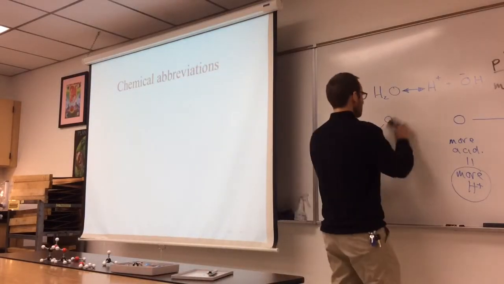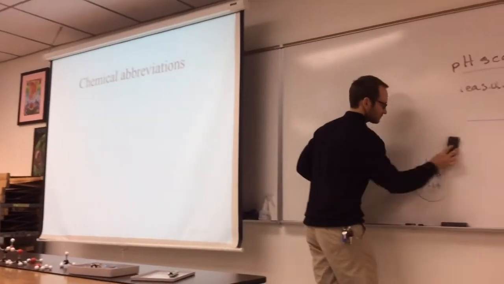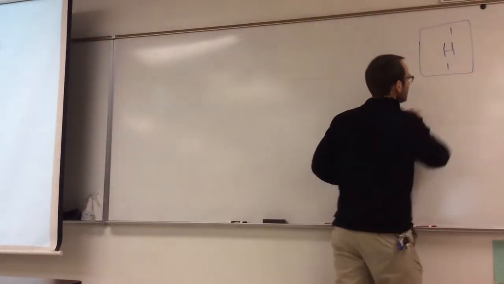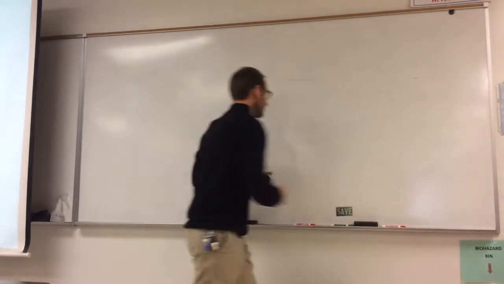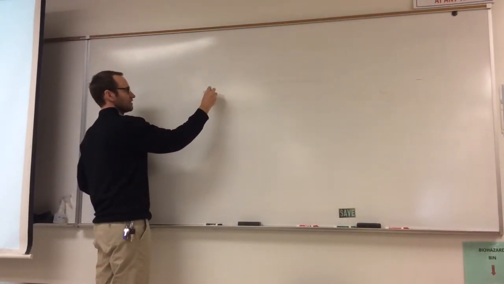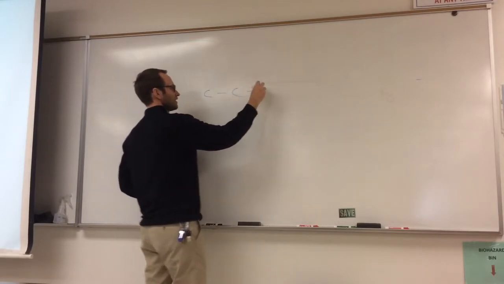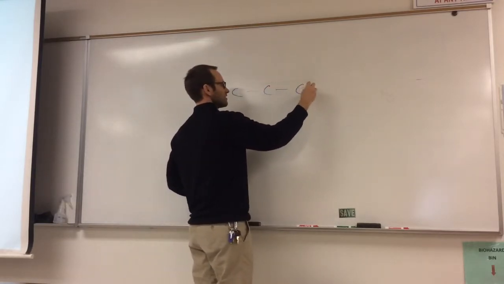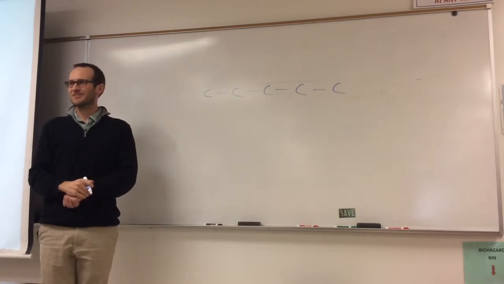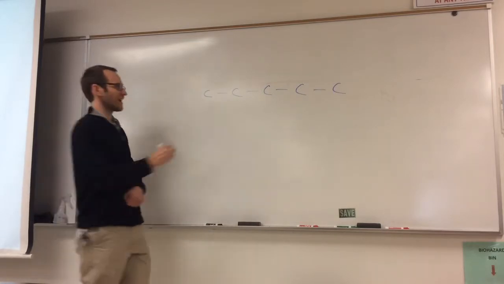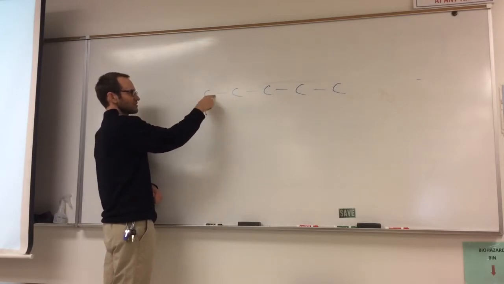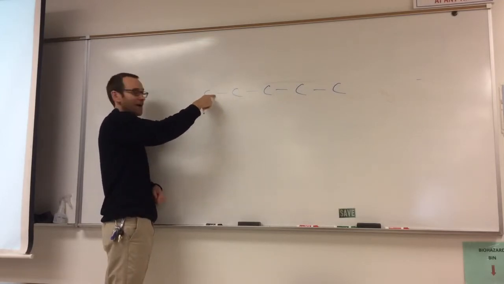So what we do instead is, let's say I have this molecule here, C connected to a C, connected to a C, connected to a C, connected to a C. All right, everybody good so far? Now, this carbon is sharing a pair of electrons with this, so that means 2 of its outer shell are accounted for.